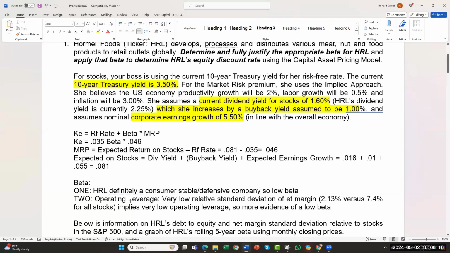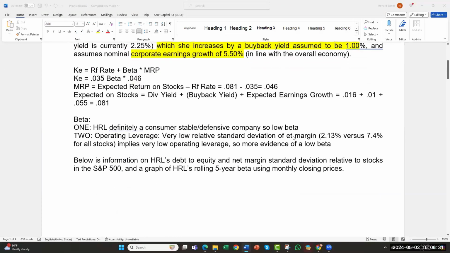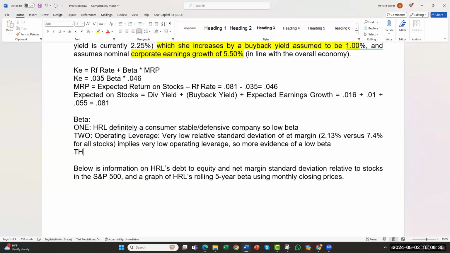All right. The third one, the easiest one of all, is financial leverage.